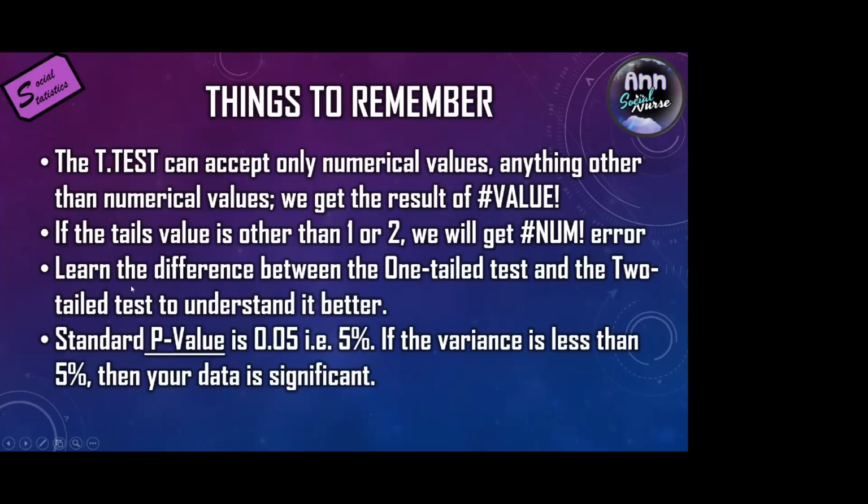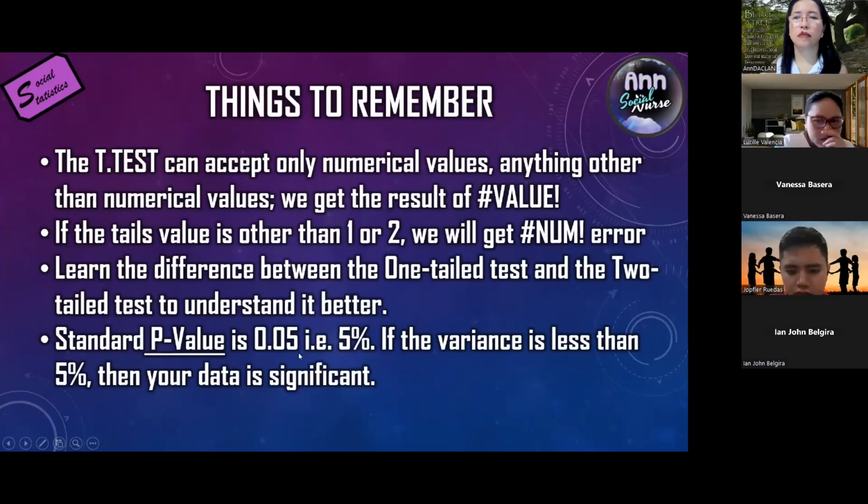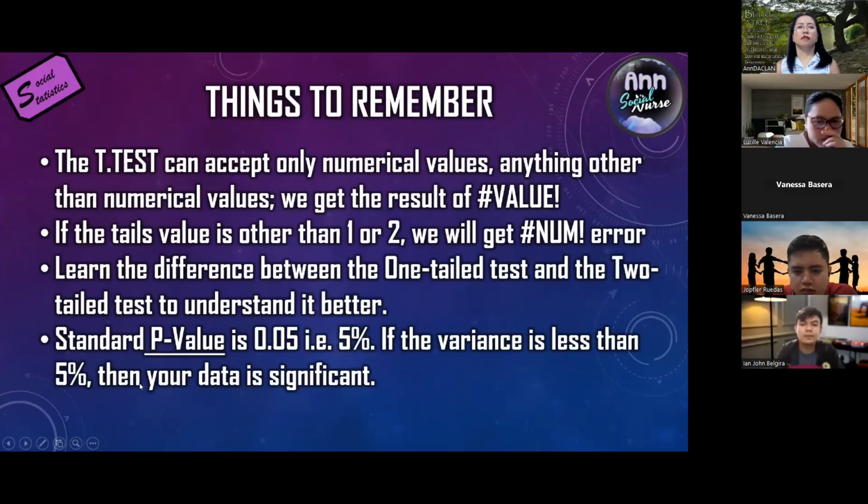And of course, you should learn the difference between one-tail test and two-tail test to understand it better. So the standard p-value is 0.05 or 5%. If the value is less than 5%, then your data is significant.